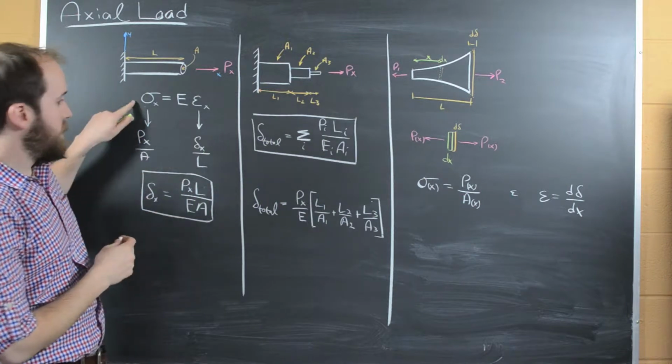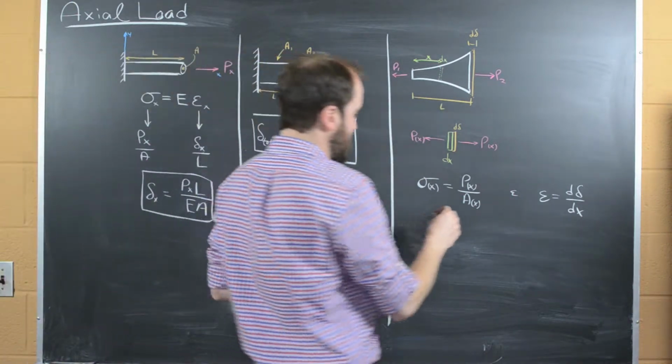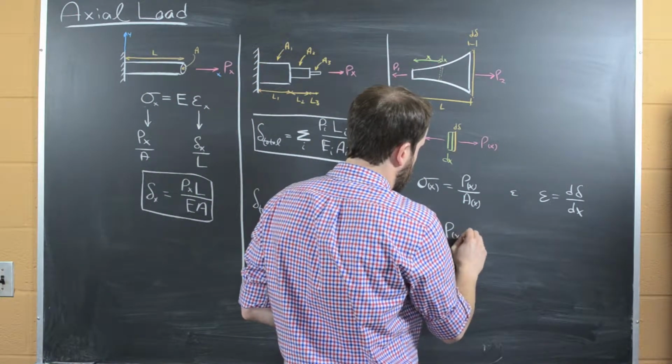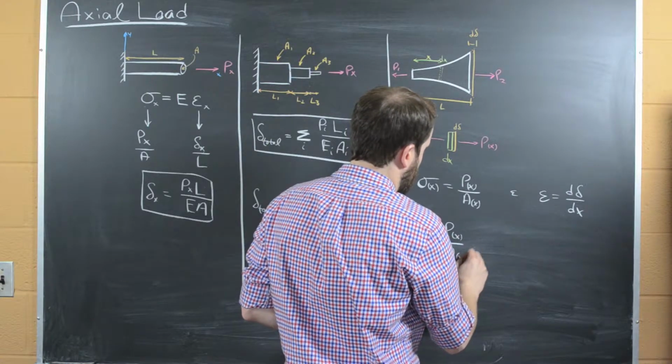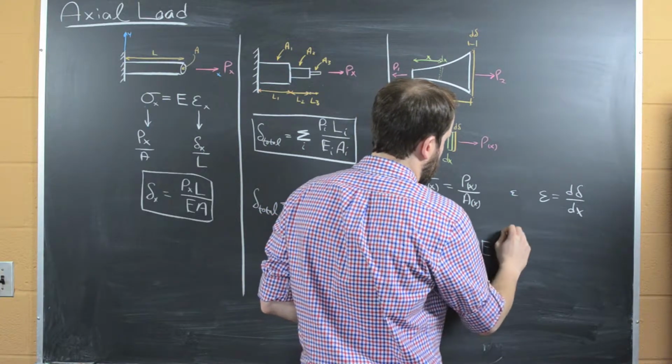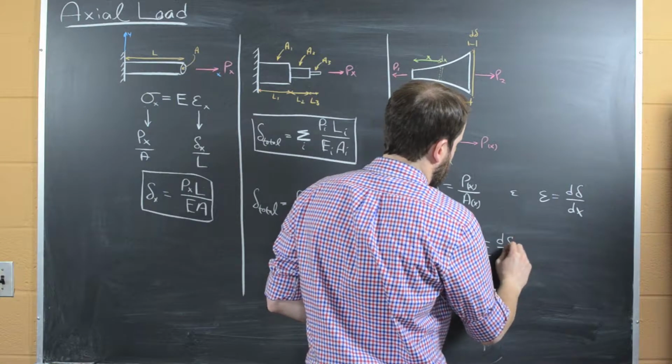And using Hooke's law, right here we can put this all together and get that dx over ax is equal to e d delta by dx.